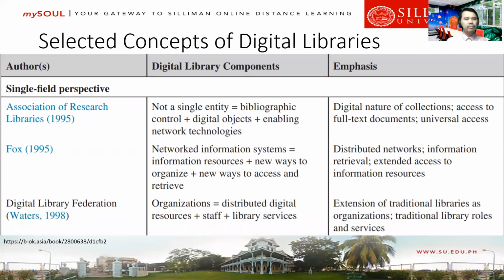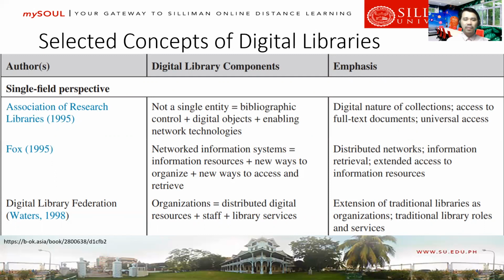resources. The third concept of digital library refers to organization, according to the Digital Library Federation. It's composed of an organization wherein the distributed digital resources, and of course also the staff and other library services.